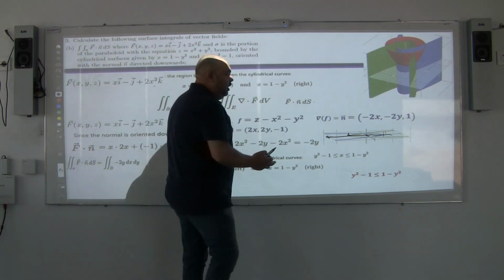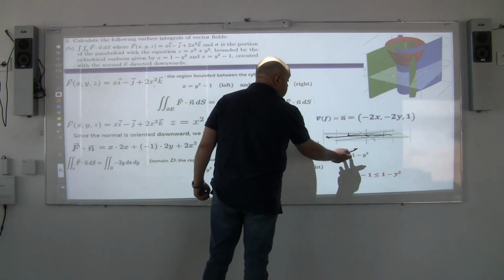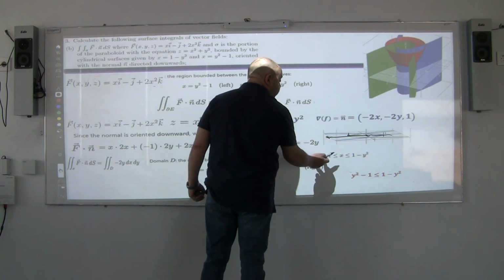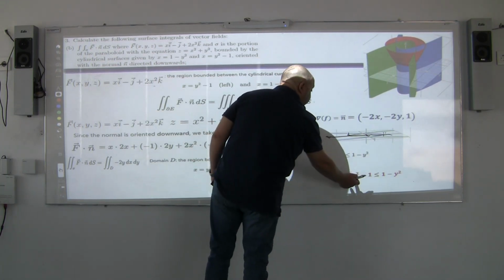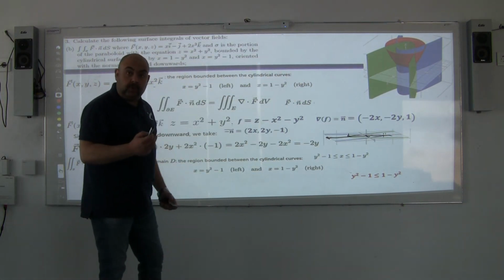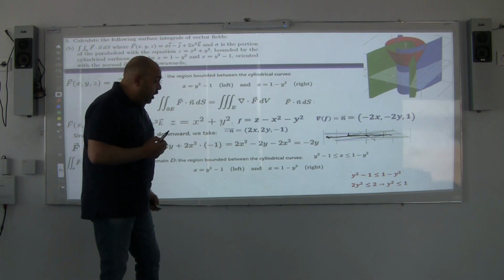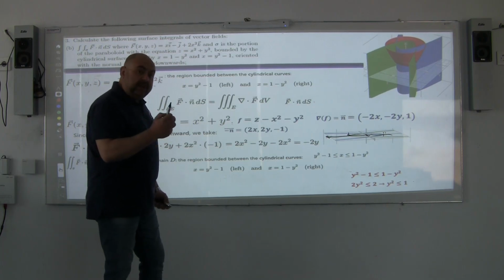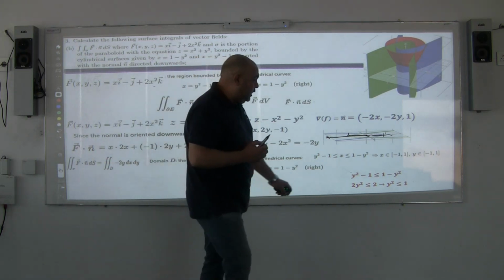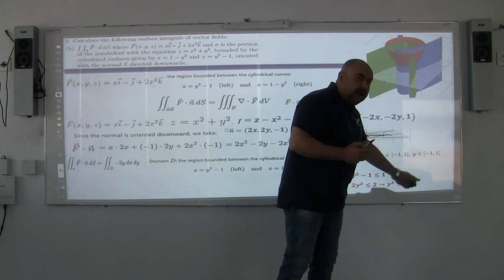And from the two inequalities, 1 minus y squared is greater than or equal to y squared minus 1, moving y to one side and the numbers to the other side, I will have 2y squared less than or equal to 2, which means y squared is less than or equal to 1. That's y is less than or equal to 1 and greater than or equal to negative 1. Here x belongs to negative 1 and 1, y belongs to negative 1 and 1.